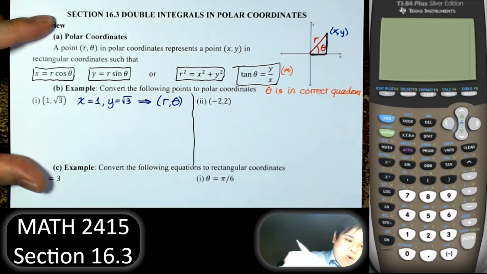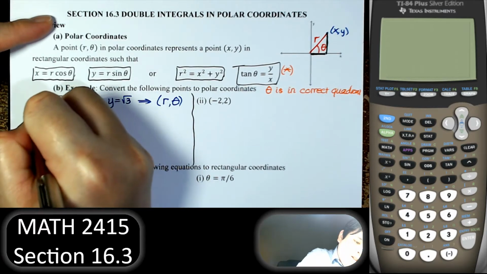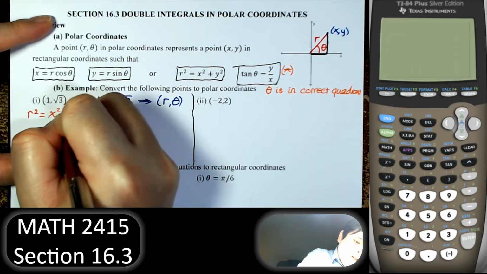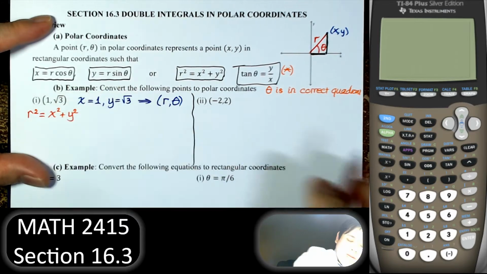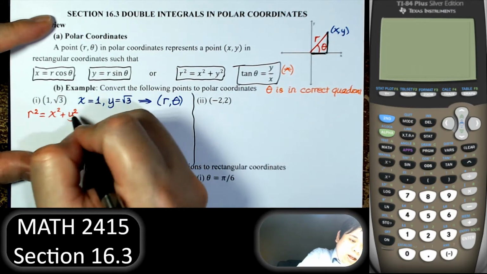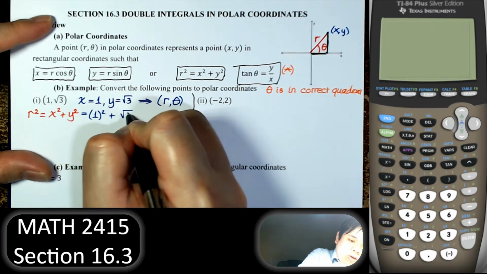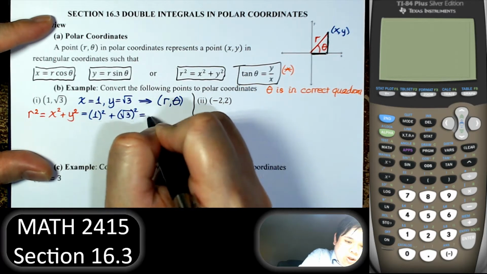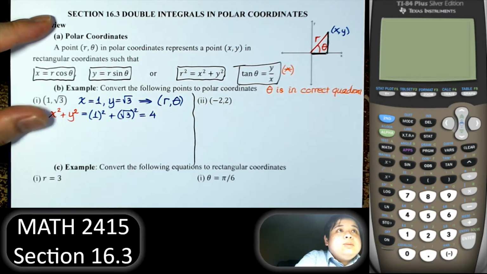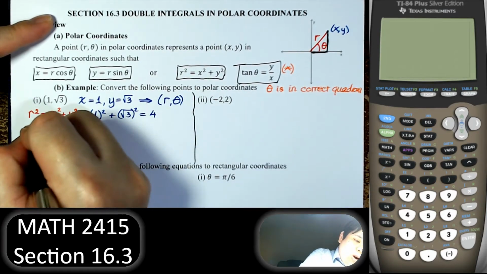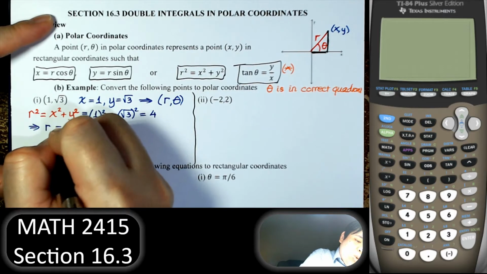So 1 squared plus square root of 3 squared, which is 4. So r squared is 4, and r is the square root of that, which is 2.